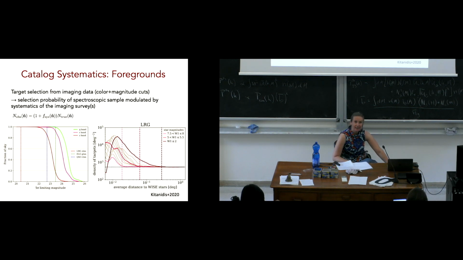In addition, there can be funny effects with CCDs. What you're seeing in the right plot is the density of LRGs around very bright stars in the infrared. Now, obviously, stellar density and galaxy density are uncorrelated. These are very different scales, and this is a spurious signal.